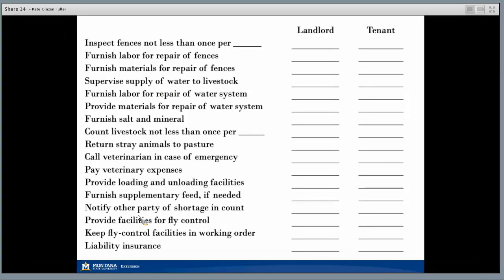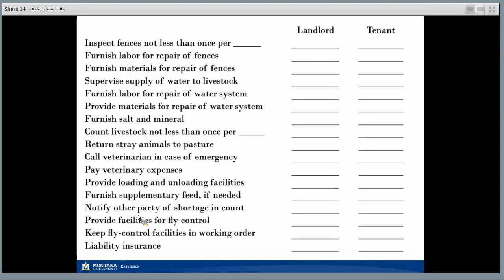I know there's a lot here that you can think about when you're thinking about who is responsible for all the stuff that goes on in an operation. One way to go through it is a checklist. Some of the sample leases will have these and some of them won't.